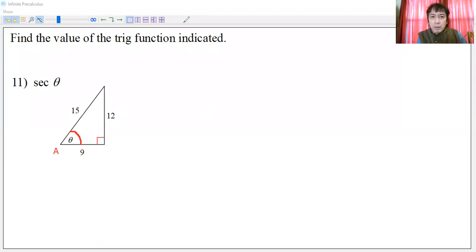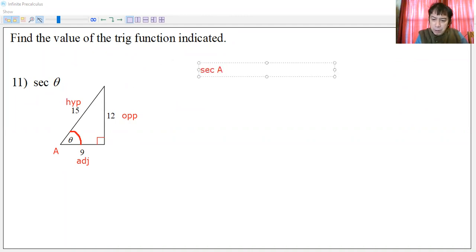Now we shall define the sides, okay? Opposite to angle A, the 12, and adjacent to the angle A, it's the 9, so this is adjacent. And then the 15, that is the hypotenuse. There. All right, so we shall make use of the formula for secant.